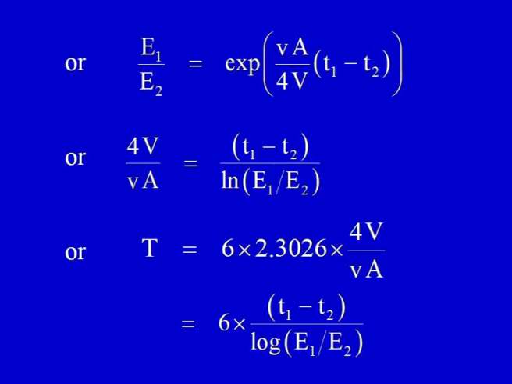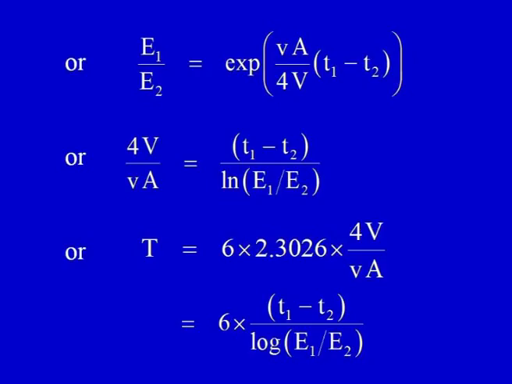This can be solved. E1 upon E2 is given by the exponential of VA upon 4V times T1 minus T2, or that gives me 4V upon VA is given by T1 minus T2 divided by log of E1 upon E2, and one can now have the standard definition of T.